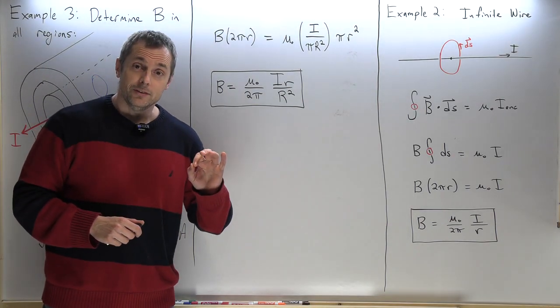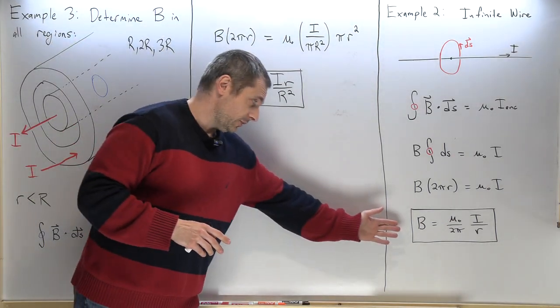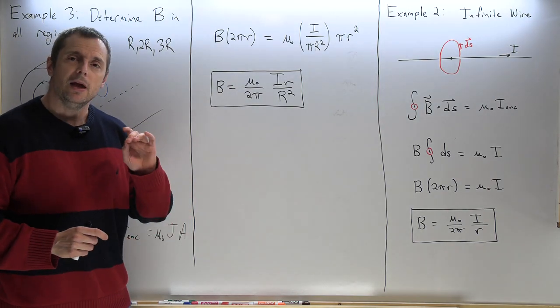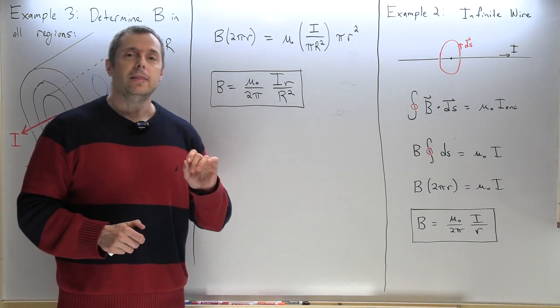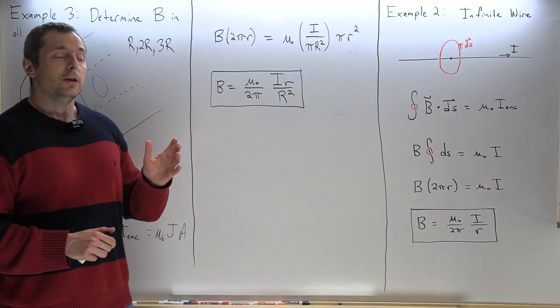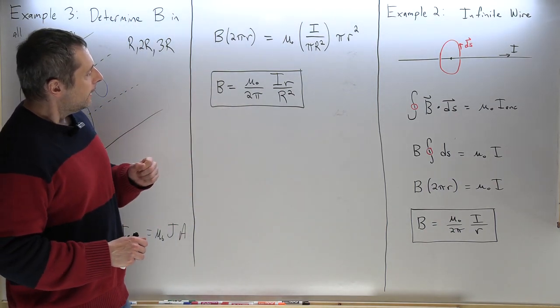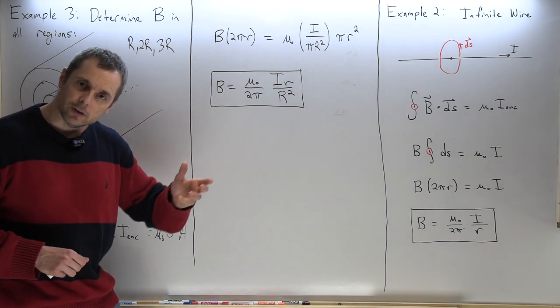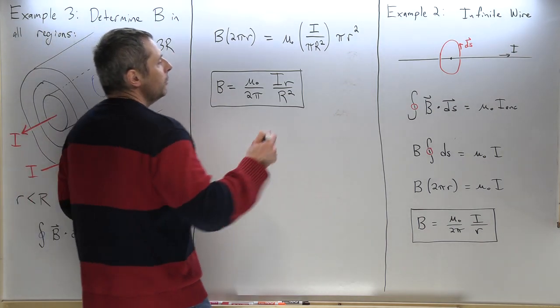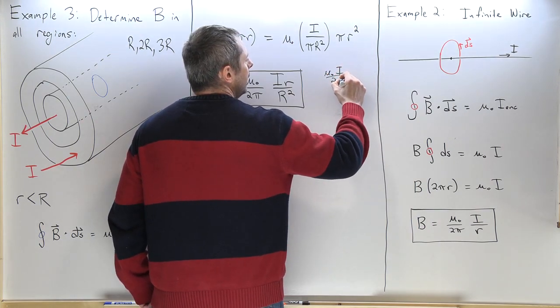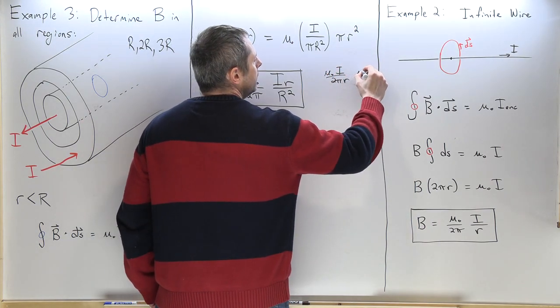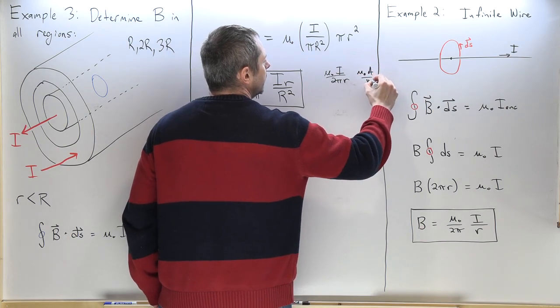Unit check. So the last example, it was the formula. We didn't have to do a unit check. But as in Gauss's law and in the Biot-Savart law, I recommend that you analyze the units to see if this formula makes sense in terms of the form. So remember, we're comparing it to mu 0 I over 2 pi r. In other words, we need mu 0 amps over meters for units.